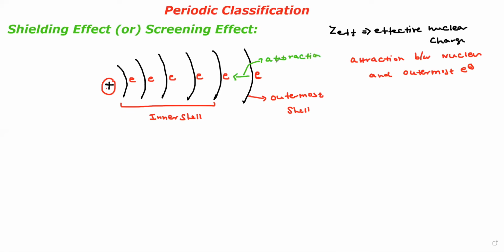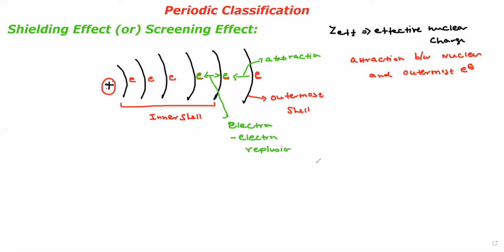Now what is going to happen? These inner electrons have negative charge, and both having the same charge are going to repel each other. This is electron repulsion.